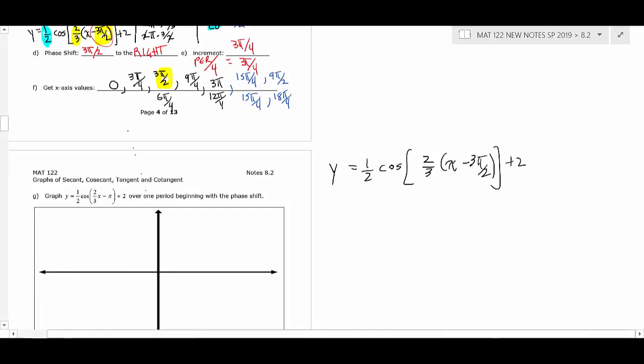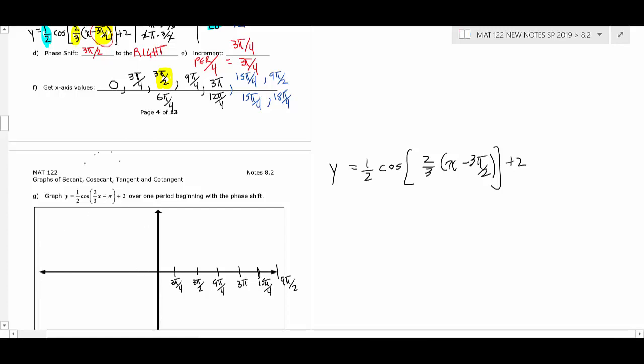We're going to write these increments. We're going to go to 3 pi over 4, 3 pi over 2, 9 pi over 4, 3 pi, and then 15 pi over 4, and then all the way out to 9 pi over 2.